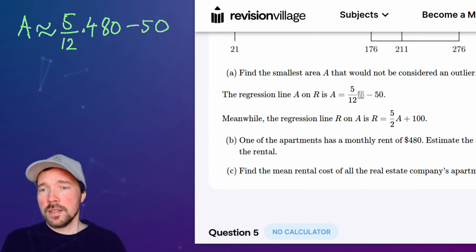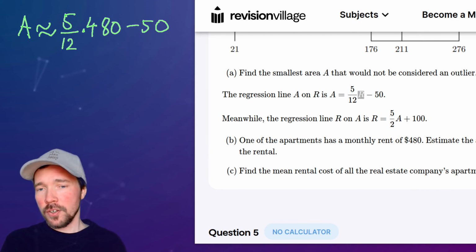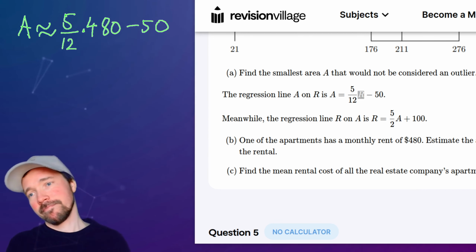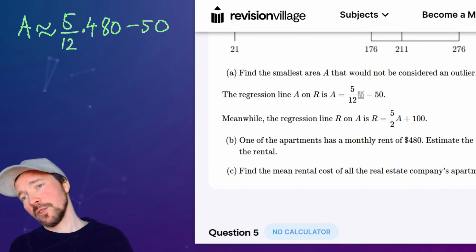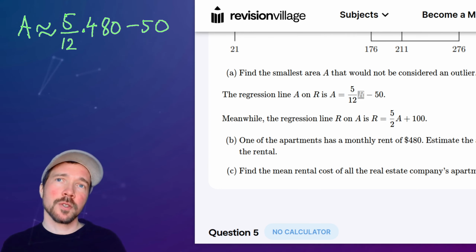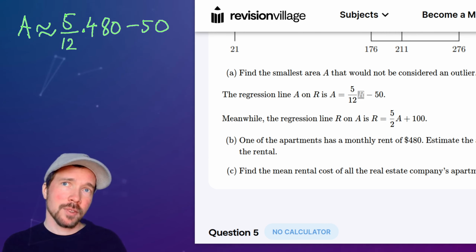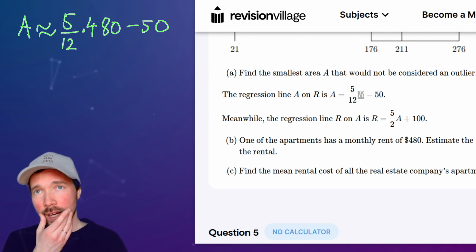The easiest would be to divide 480 by 12 first. If I divide it by 2, it's going to be 240. 240 is 2 times 120, so it's 20 times 12.